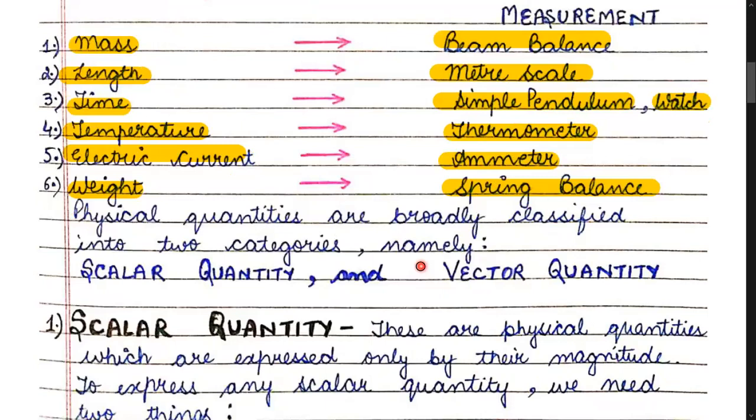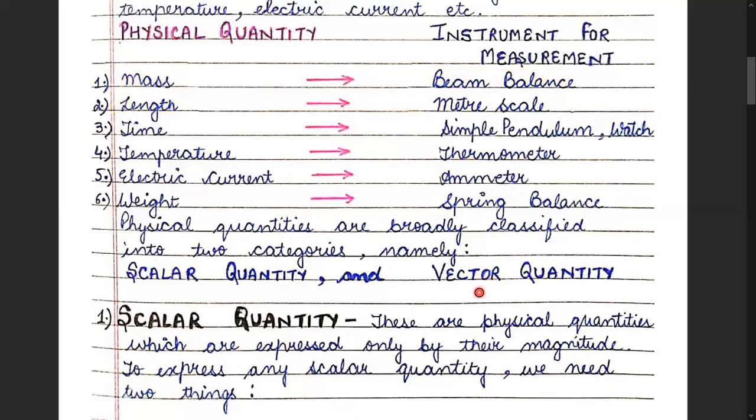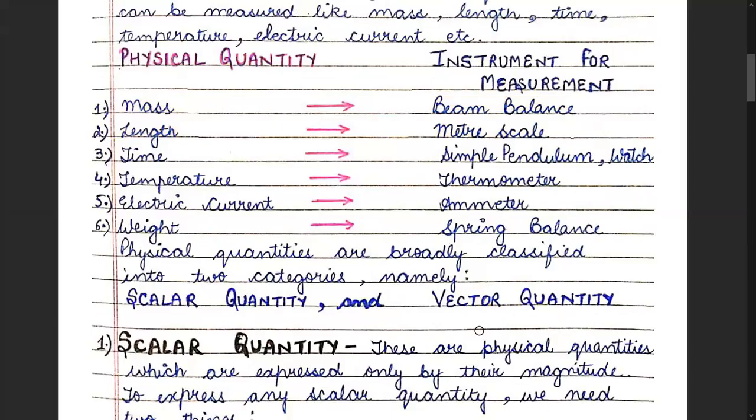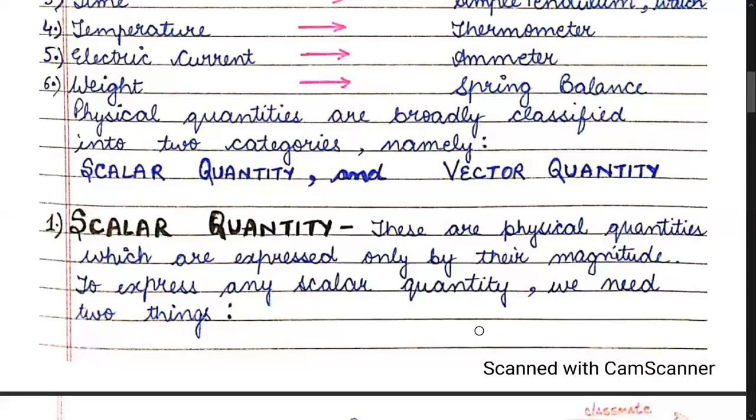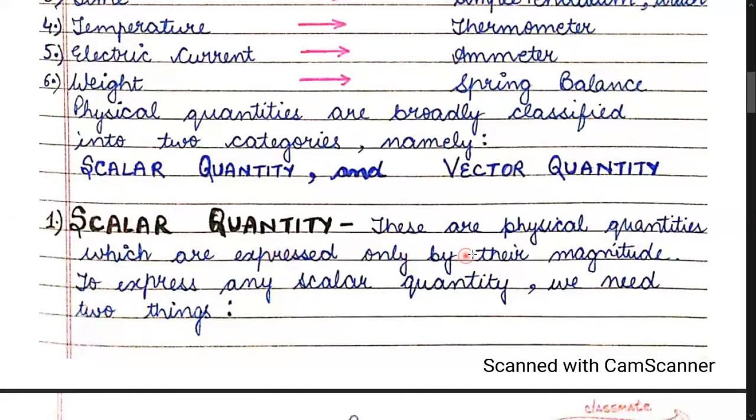Children, this year we will study that all physical quantities are broadly classified into two categories, namely scalar quantity and vector quantity. Now coming to scalar quantities. These are the physical quantities which are expressed only by their magnitude.